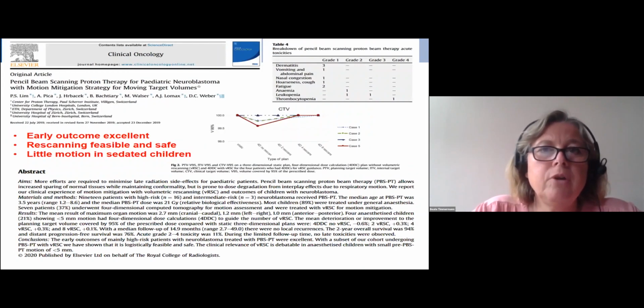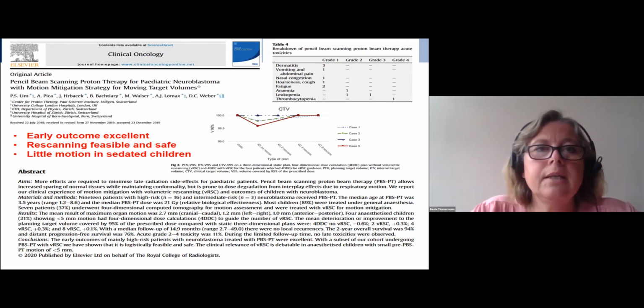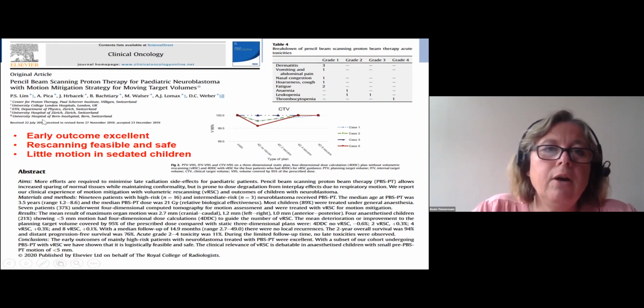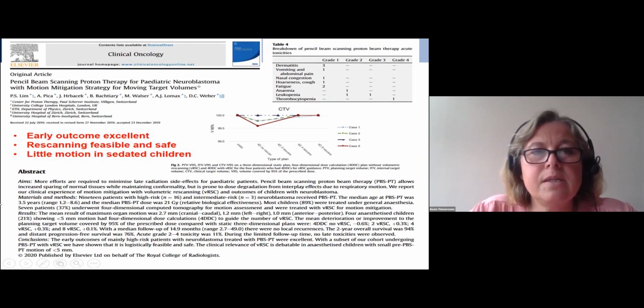Another publication from a Swiss group also looked into that and reported both on early clinical outcomes, but also on the techniques to mitigate uncertainties. What they found is that in the early outcome of their patients, they had excellent results.